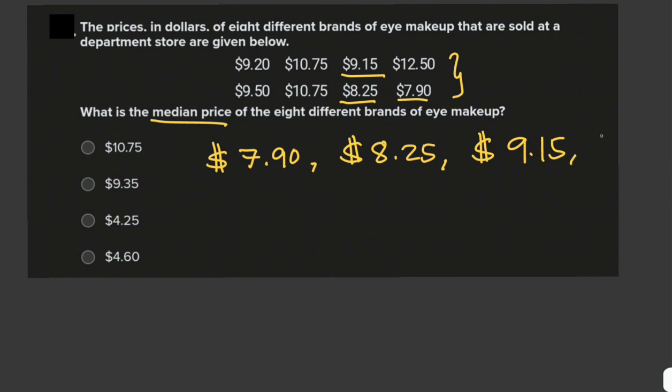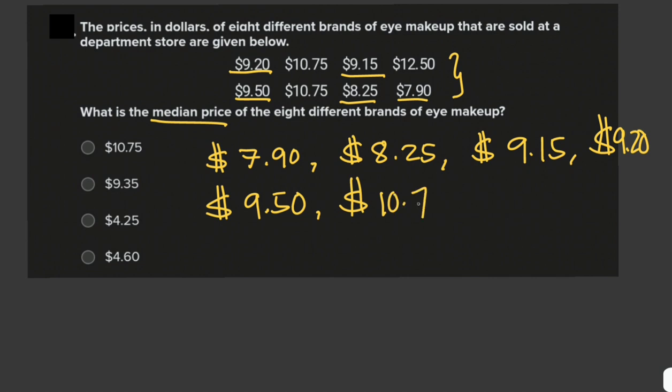Then next is 9.20. Then next is 9.5. Then 10.75. So we have two 10.75 here. And then the last one is 12.5.